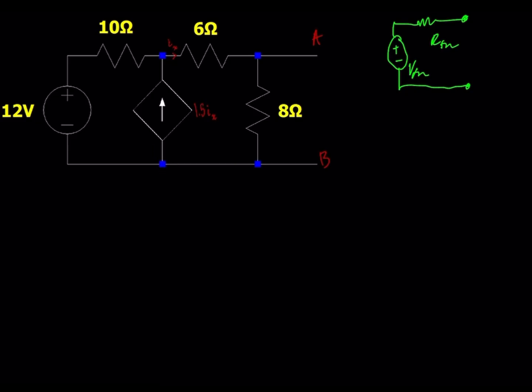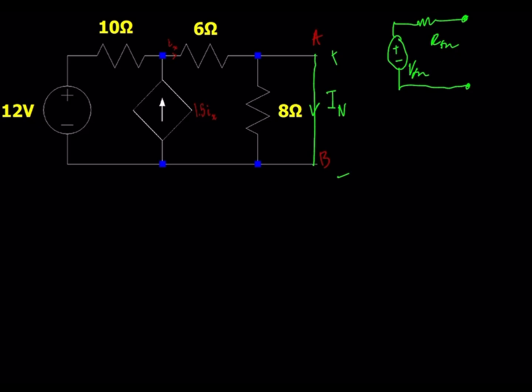One of these techniques is, since we have the Thevenin voltage, to find the R Thevenin, the equivalent resistance seen from those terminals, you can short the terminals and then calculate this short circuit current, which we discussed previously. This is actually the Norton current.